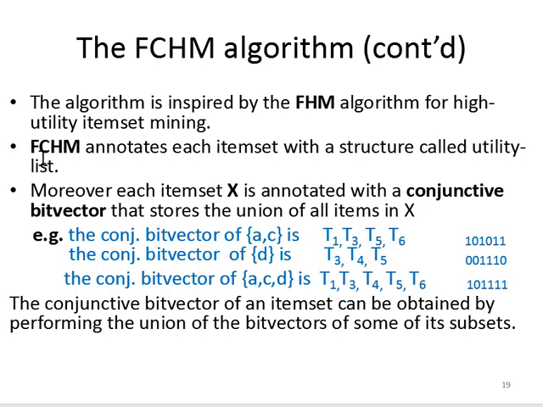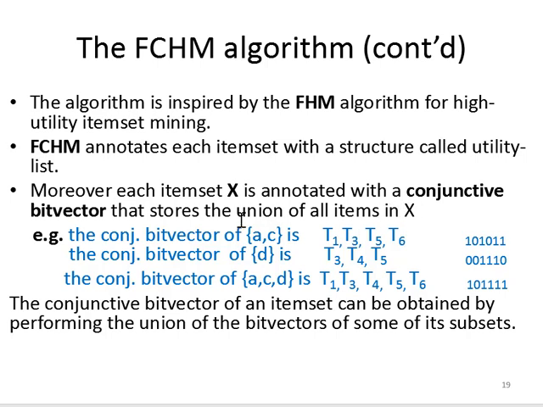I will not explain this part again; I will assume you are familiar with FHM. Now, what is new? We store for each itemset X a new structure we call the conjunctive bit vector. It is a vector of bits, a list of 0s and 1s, and this stores the union of all items in X.